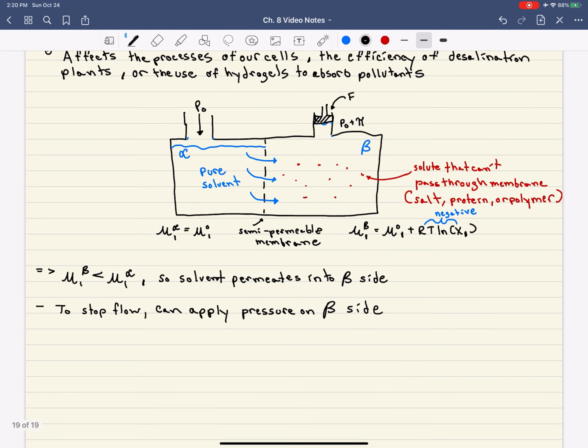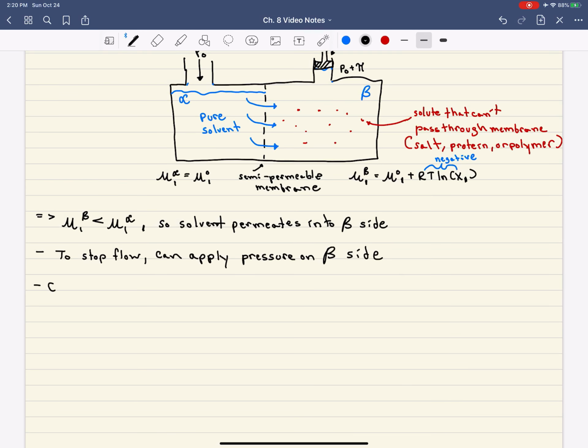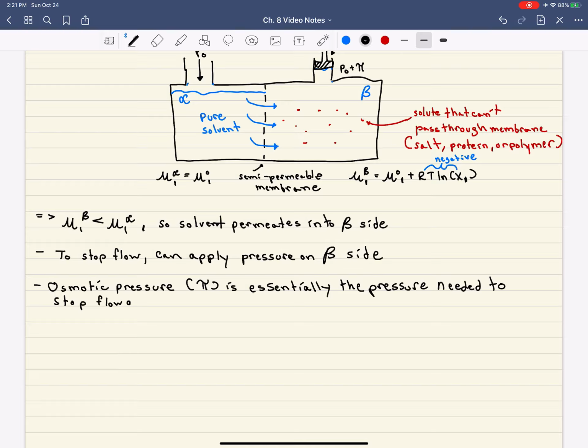Okay? All right, and so this pressure differential between the original atmospheric pressure and our new pressure is this pi value. Okay? And that's what we refer to as osmotic pressure. And so osmotic pressure, which we abbreviate as pi, is essentially the pressure needed to stop flow of solvent.